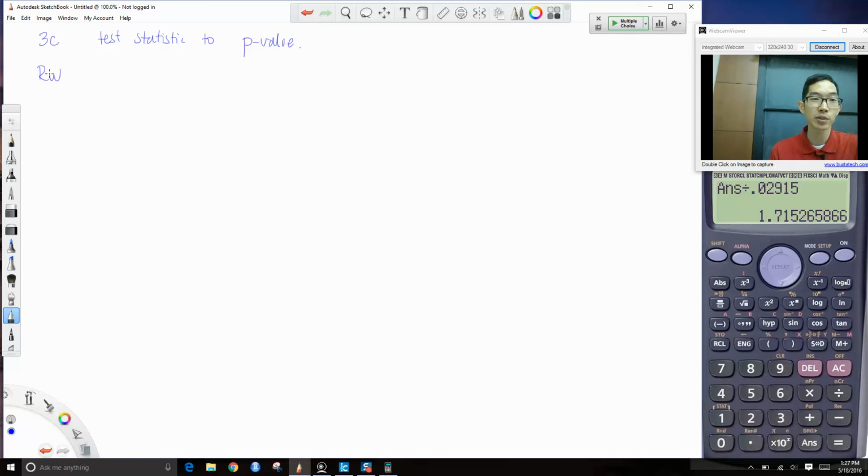If the alternative hypothesis has a greater than sign, okay, the p-value is equal to the area to the right of, I'm going to just write TS for test statistic.